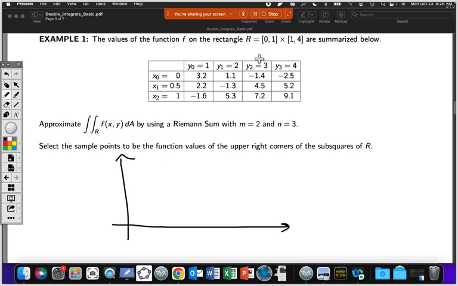So x is going from 0 to 1. y is going from 1 to 4. I'm going to chop the x up into 2 equal pieces. So that's going to give me 0.5 and 1. I'll chop the y up into 3 equal pieces. I'm going to give myself some more room.